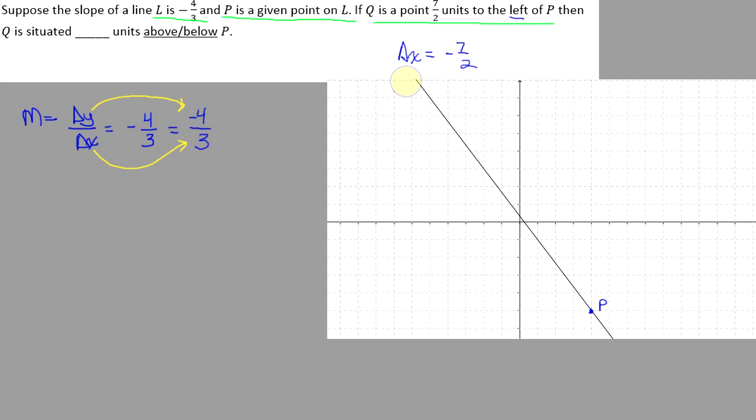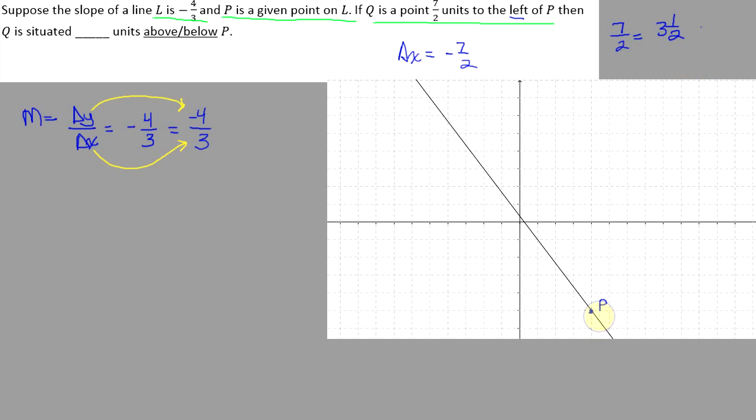Now, that minus 7/2, let's go down to the graph and think what this means. It means that the x-coordinate is going to be 7½ units to the left. And 7½ units, if we switch that into a mixed fraction, is 3½, and remember, this notation back from grade school means 3 plus 1/2, not 3 times 1/2.